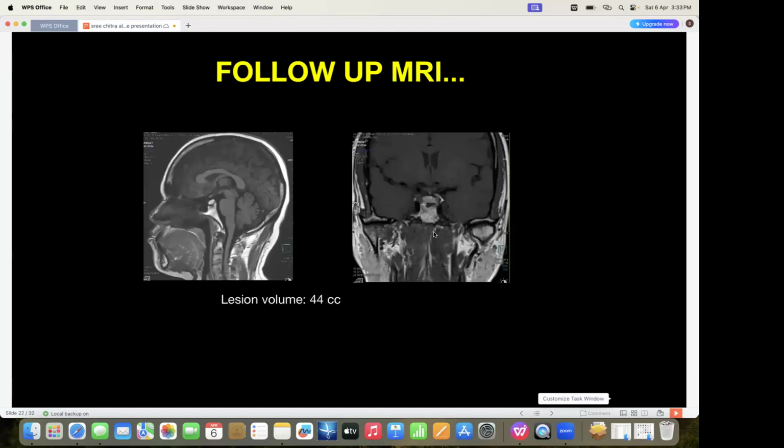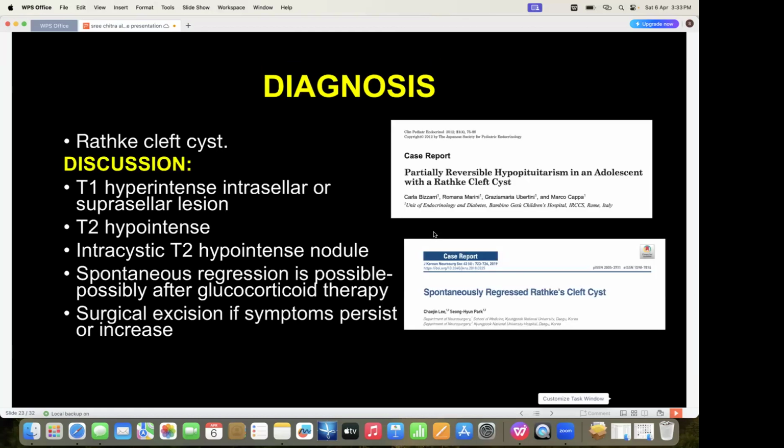Because no definitive treatment was given to the patient, only symptomatic treatment, and the lesion reduced in size, we revised our diagnosis.